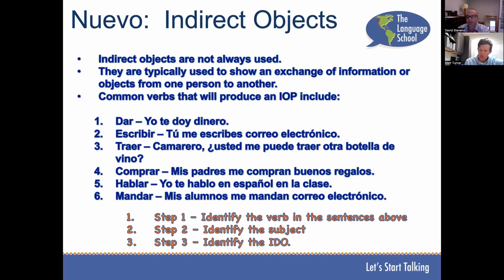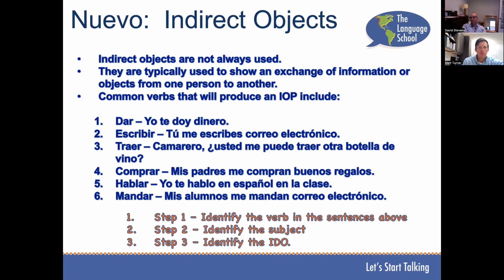Can you bring me? Puede is can you? In this situation, puede corresponds with usted. However, bringing is the real activity in the sentence. So traer is kind of the primary verb being used. Subject would be usted, and indirect would be me. Good. All right. Number 4.